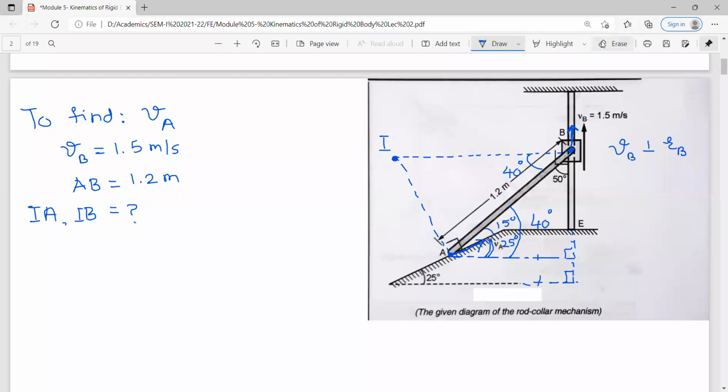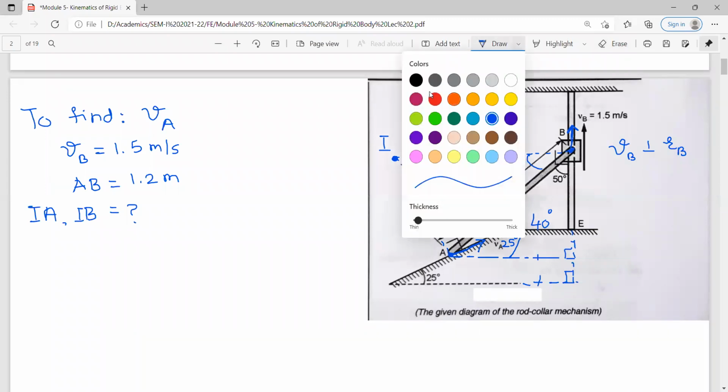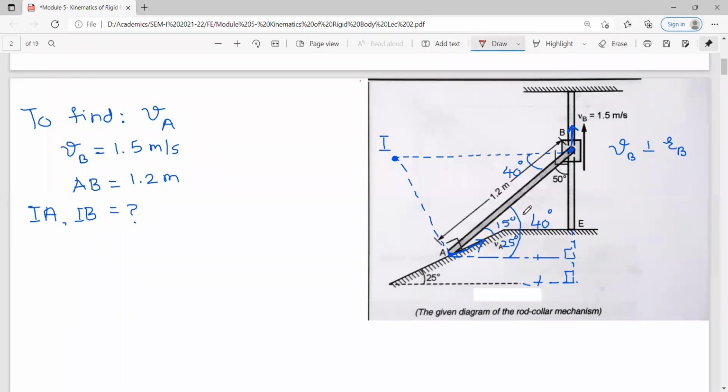Yes or no? Yes, sir. Okay. So I'm telling you that this angle, shown in red, is 25, and the remaining angle with the inclined plane is 15 degrees.